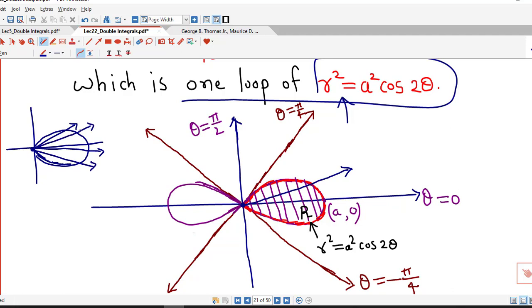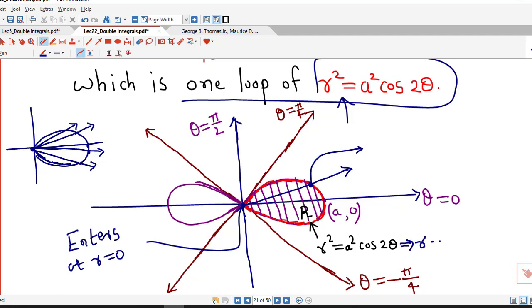It will start from origin and it will leave the region on the boundary of the lemniscate. So as usual, we have to decide the value of r at the point at which the ray enters the region. Here the ray is entering the region at origin, and at origin the value of r is 0, and the ray is leaving the region on the lemniscate. So from this we have to find the value of r.